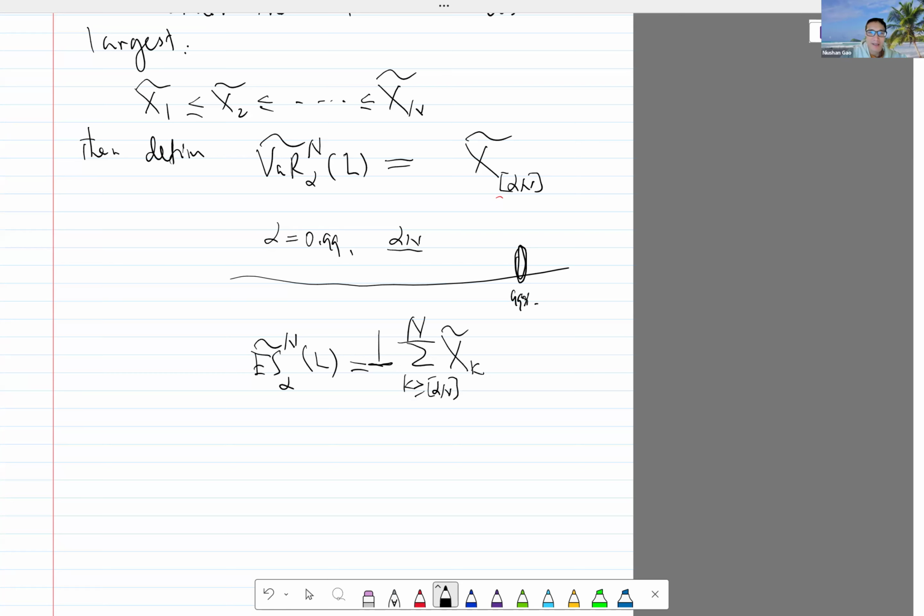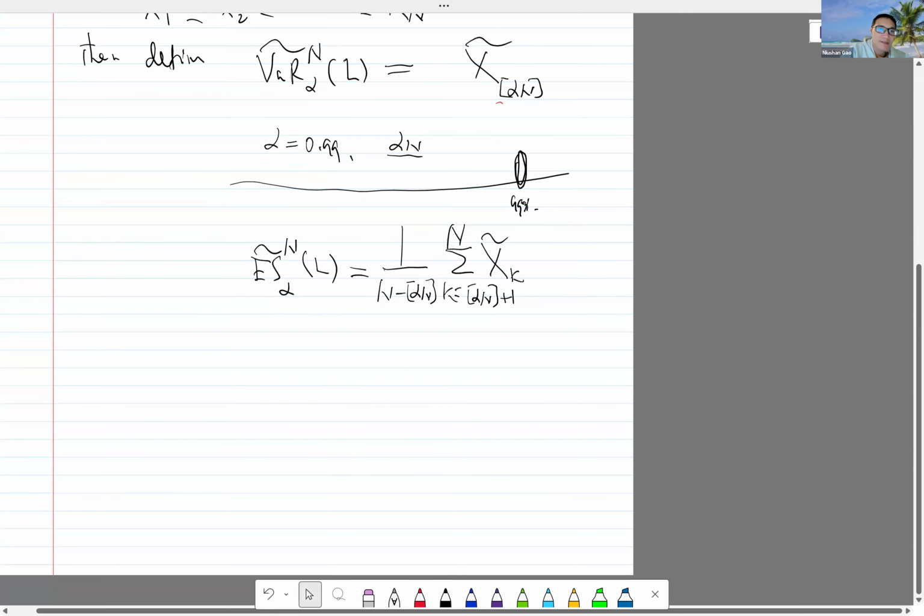How many items do you have? N minus alpha n. There are that many terms.